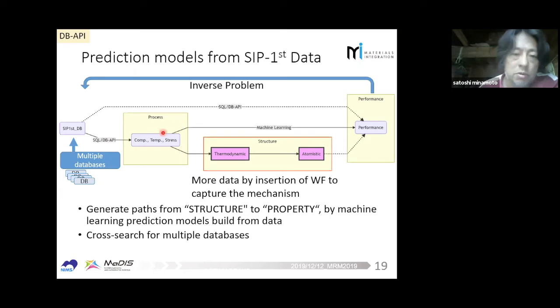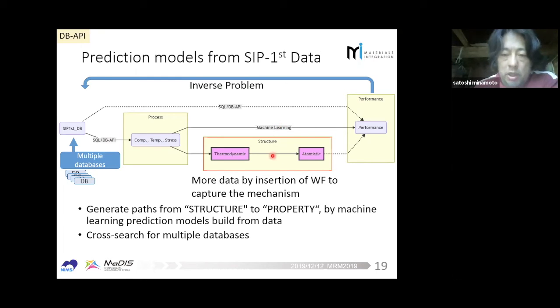It means the process information and performance information or property information. For example, the composition of the alloy or operating temperature and the applied stress are written in the database, and the performance records are written in the database. So, yes, of course, we can understand the relation between process and performance by making machine learning techniques. However, at that time, we cannot understand the physical background or mechanism of the phenomena.